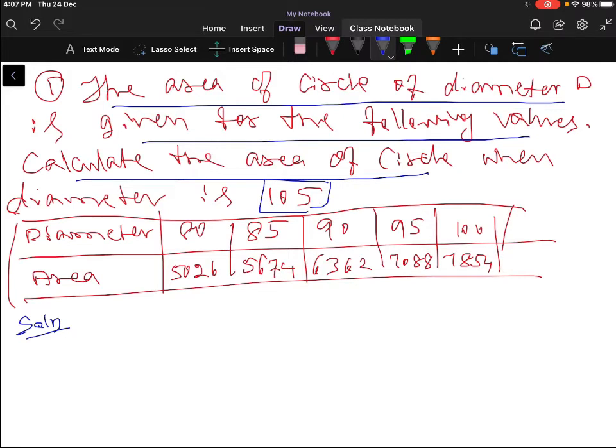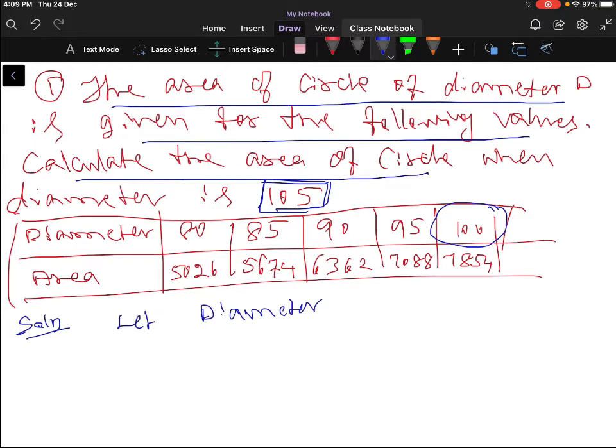Here we need to find the area when the diameter is 105. The given diameter 105 is near the end value of the interval 80 to 100, so Newton's backward interpolation formula is appropriate.